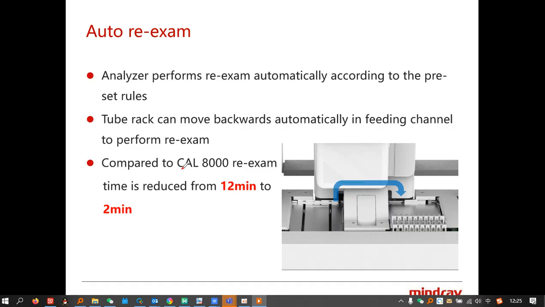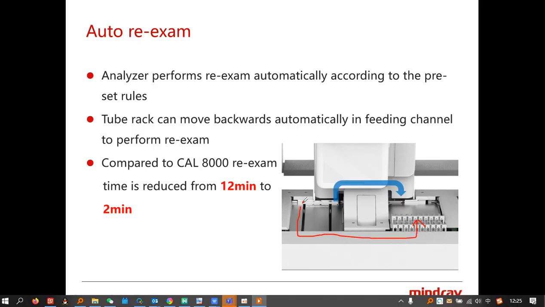And compared with the Chaos 8000, exam time is reduced. The Chaos 8000 doesn't support direct exam on the fitting channel, so the racks should go back to the outer channel, and then go back to the loading platform and wait for the previous check to finish analyzing, and then get examined.